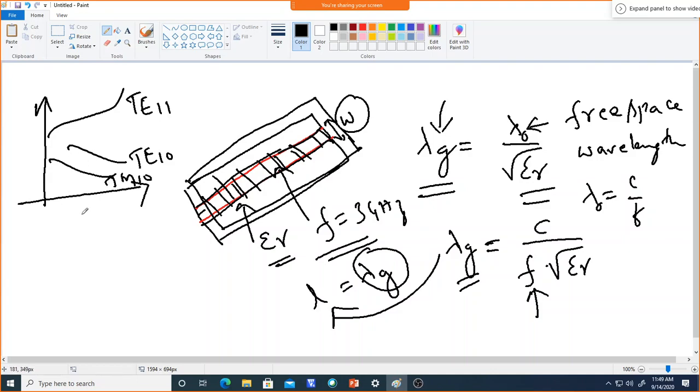With respect to the thickness, here, say for example, the thickness of the substrate, the higher order modes will vary like this. And if you take the Z0 value, the characteristic impedance, it will vary like this. Okay, so this is how the higher order modes vary.